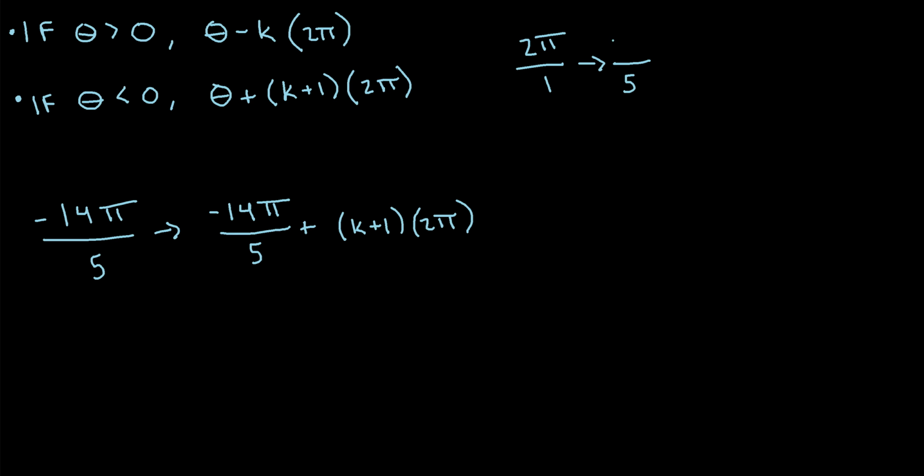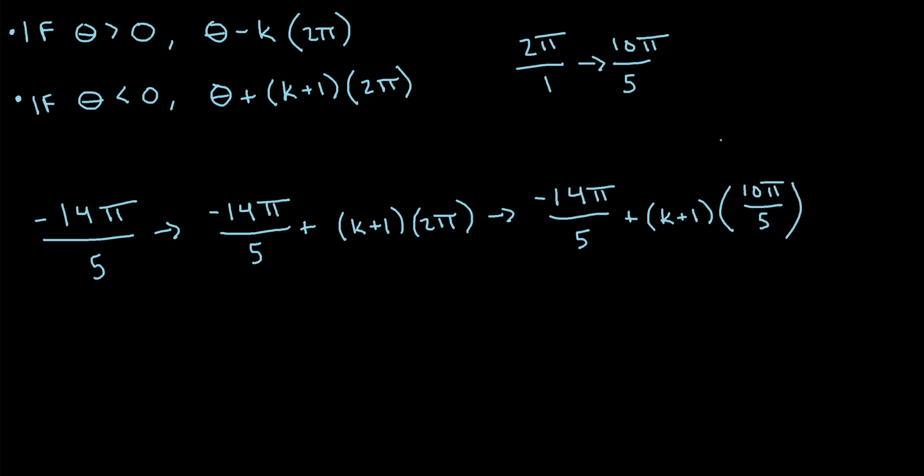So 5 times 2 pi, that's 10 pi. So let's go ahead and rewrite this whole thing using 10 pi over 5. So we get negative 14 pi over 5 plus k plus 1 times 10 pi over 5.